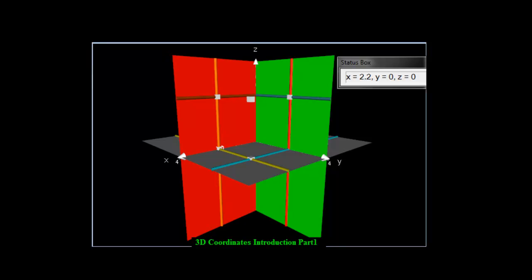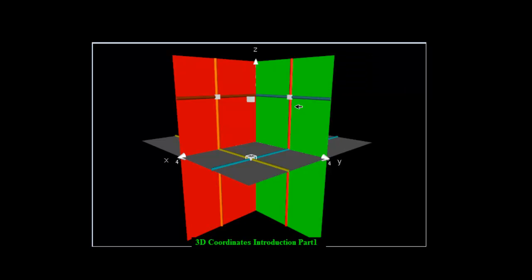So x is 2.2 at that point, and now we'll bring it towards the actual point itself, and there it is. Could you see the y increasing as I came along here on the status box here? Okay, and there it is. So x is 2.2, y is 2.1, and z is 0.